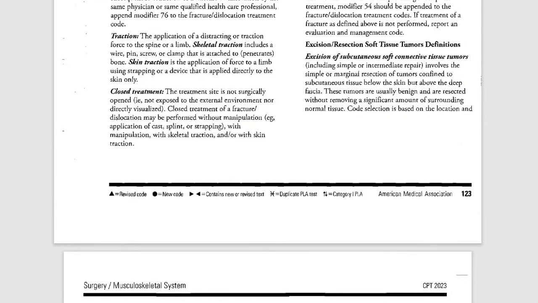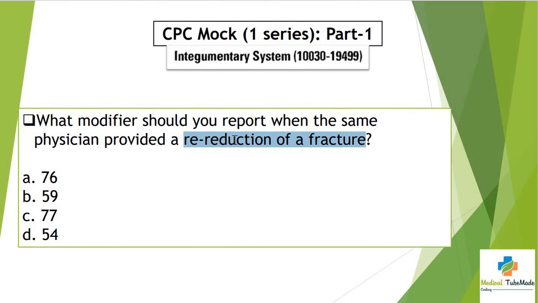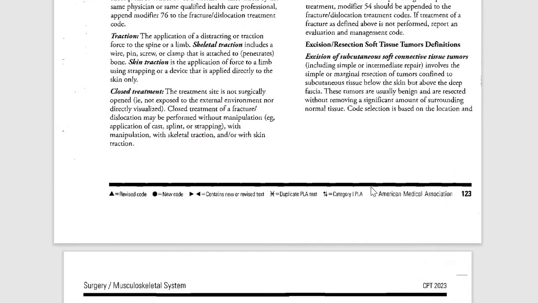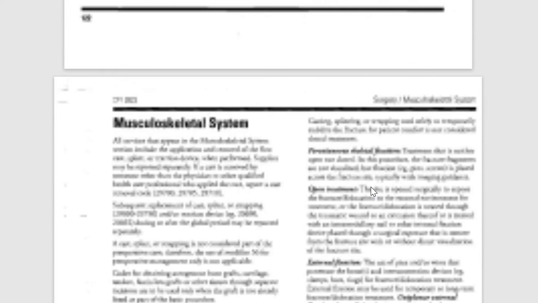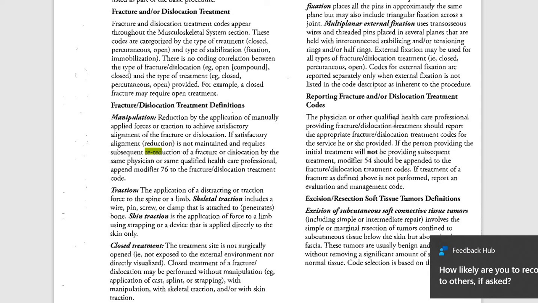So they have mentioned here in the question re-reduction of fracture by the same physician. So we will search here for re. Okay, correct. Re-reduction of the fracture dislocation. If you read this paragraph completely, manipulation is reduction by the application of manually applied force or traction to achieve satisfactory alignment of fracture or dislocation.